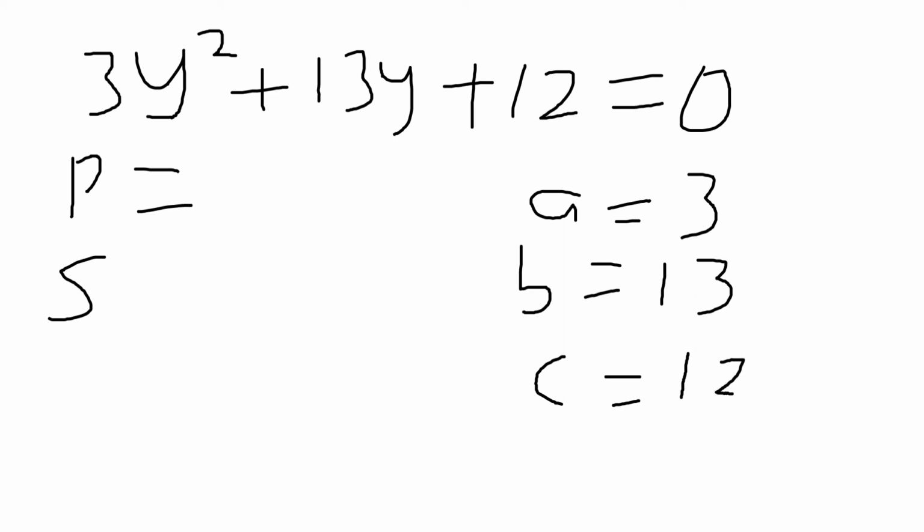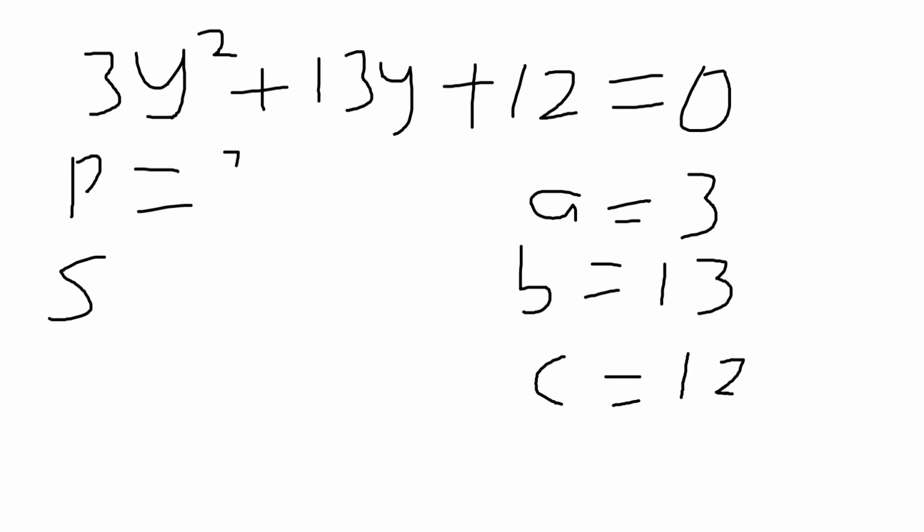C is 12. So we know that our product is AC x squared. In this case now, our variable is y, so we have AC y squared. So that is 3 multiplied by 12 multiplied by y squared. And we simply know that 3 times 12 is 36.